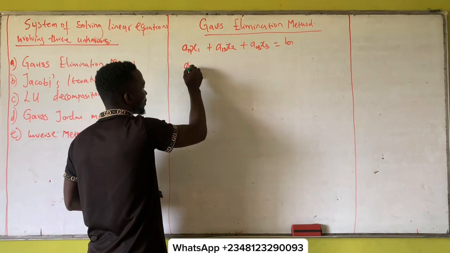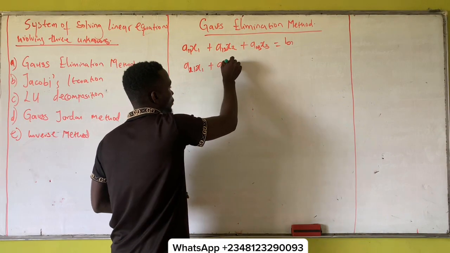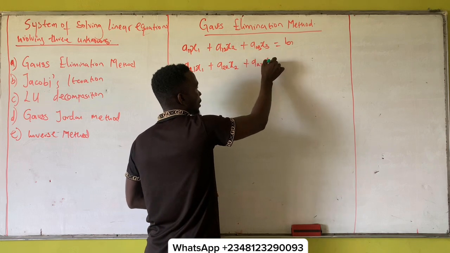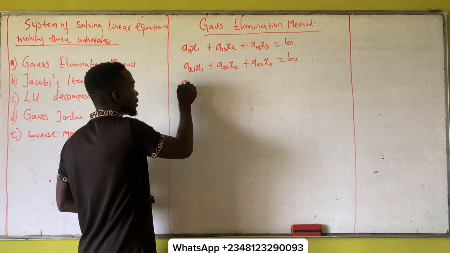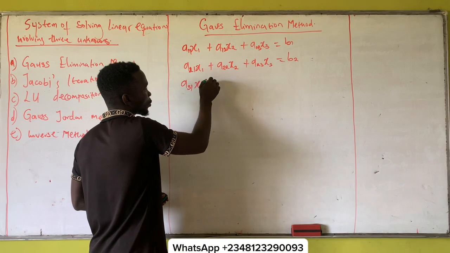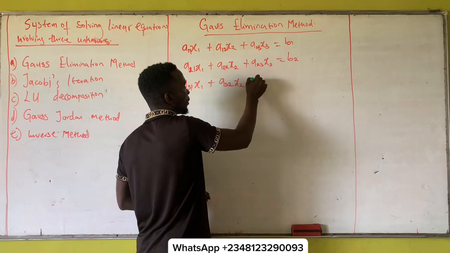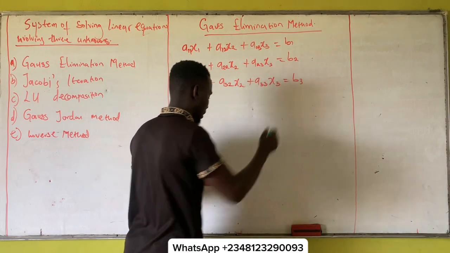Now this will be A21 x1 plus A22 x2 plus A23 x3 equal to B2. Then you have A31 x1 plus A32 x2 plus A33 x3 equal to B3.